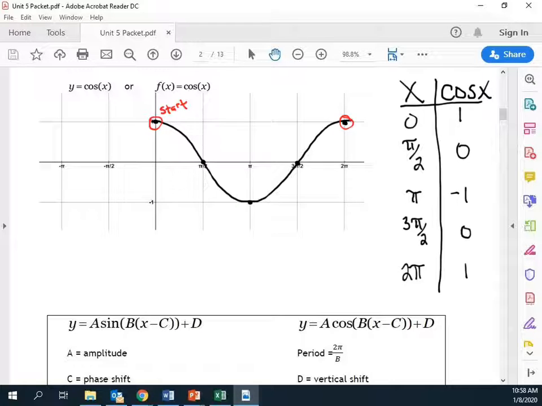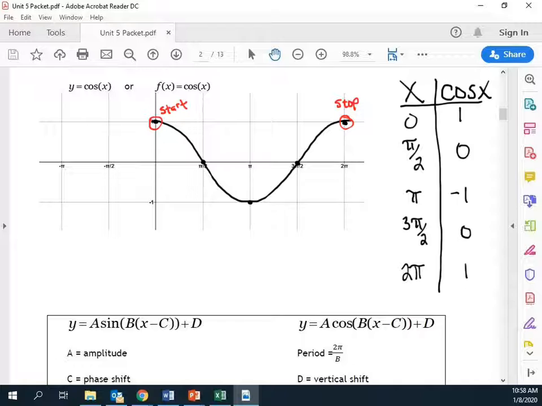Notice you start and stop at the same spot so this cycle can repeat. So there's your parent functions for sine and cosine.